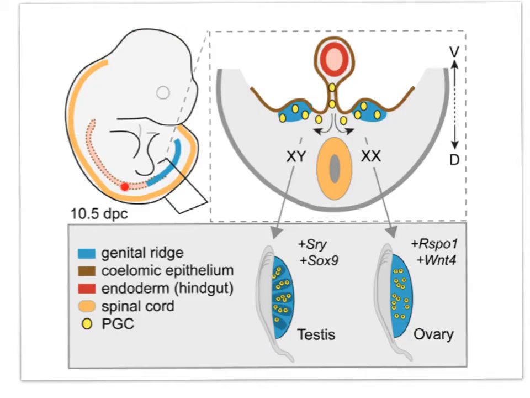In a developing embryo, seen here, there's a region known as the genital ridge, seen here in this image. If the embryo carries a Y chromosome, the embryo will be male as gonads develop into testes and secrete testosterone.